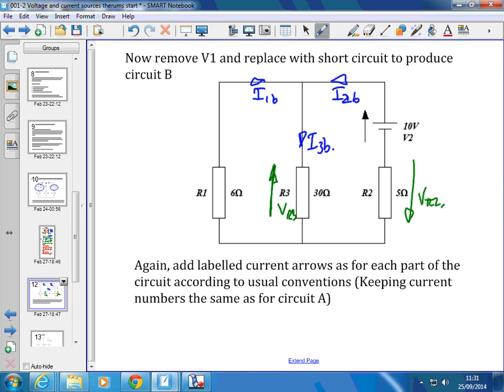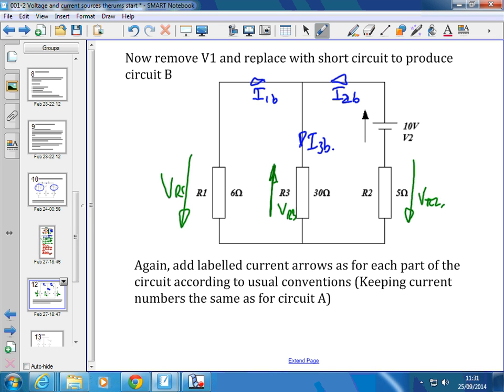Up or down for VR1? Down. Good. So now we've labelled that up, we can use all the same methods as we did before to calculate the 3 currents, I1B, I2B and I3B.